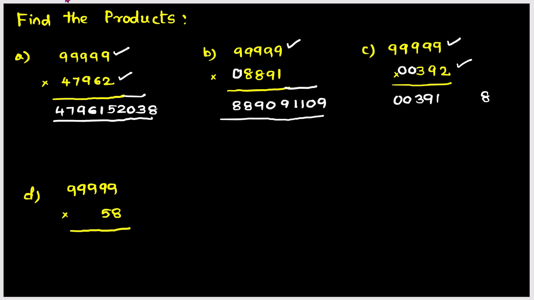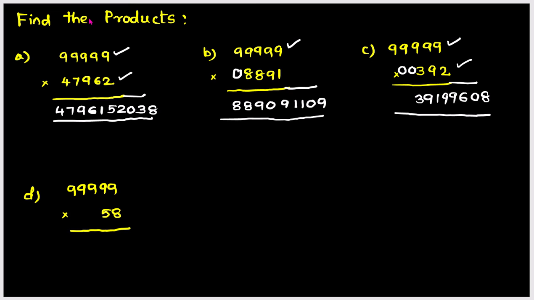Start writing from rightmost. And 9 minus 9, 0. 9 minus 3, 6. 9 minus 0, 9. 9 minus 0, 9. Now these two zeros, later you can ignore them because they don't have the value. So this is the answer.